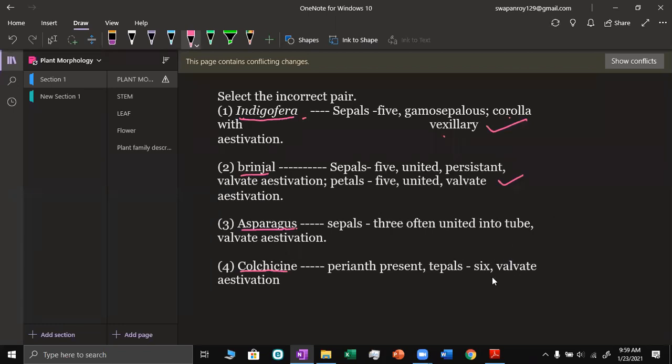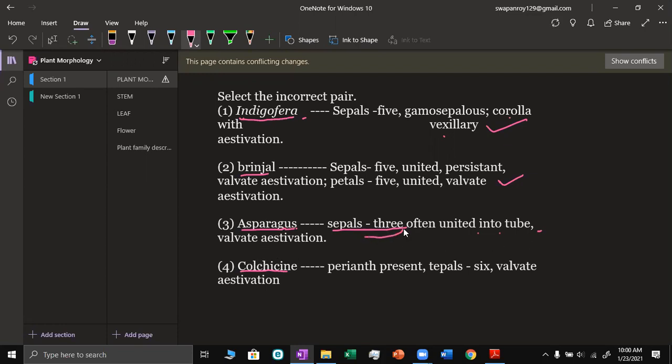Asparagus is that Liliaceae. Sepals 3, often united into tube, valvate aestivation. This one, sepals 3, it is telling, united into tube, valvate aestivation.